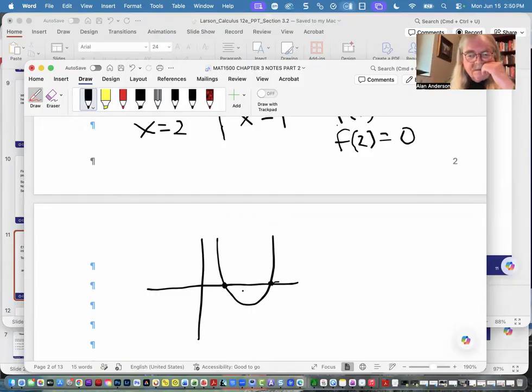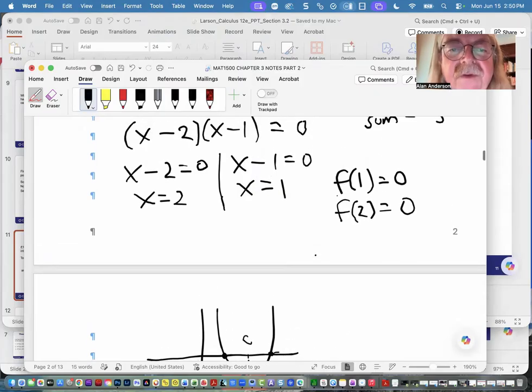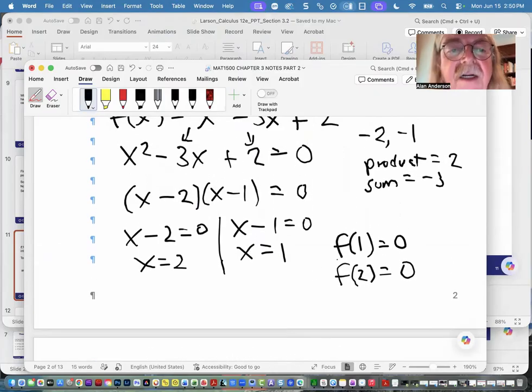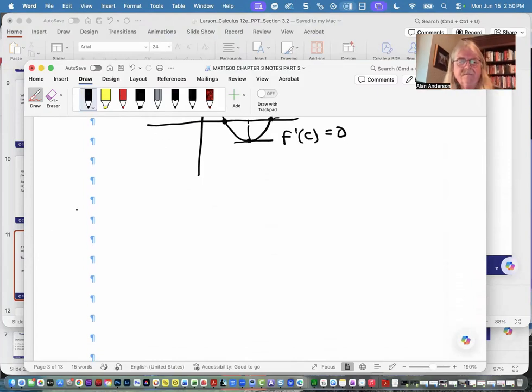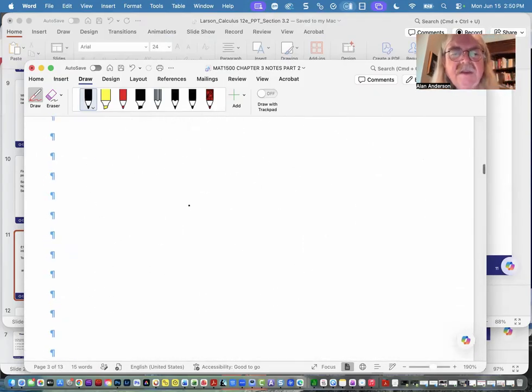So how do we find it? Well, what we're going to do is take the first derivative of this function. Now that we know how to do it, x squared minus 3x plus 2 is the function.